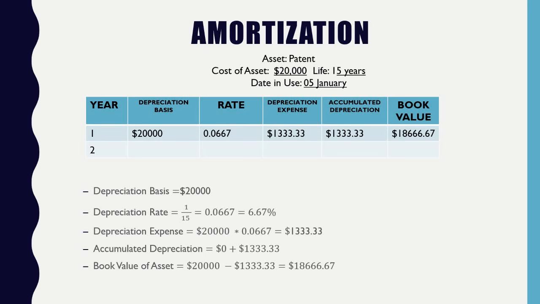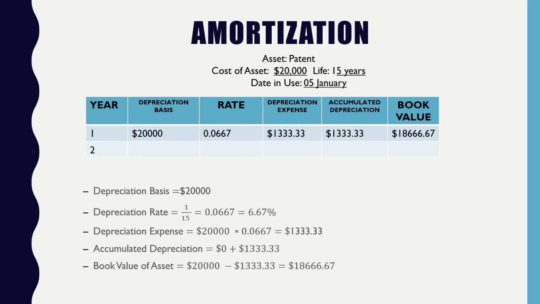Okay, so that's how you solve for it, and basically you're going to amortize it all the way down to zero until it reaches the end of its life. And because it's identical to straight line, you can already assume your first three columns are going to look the same every year.